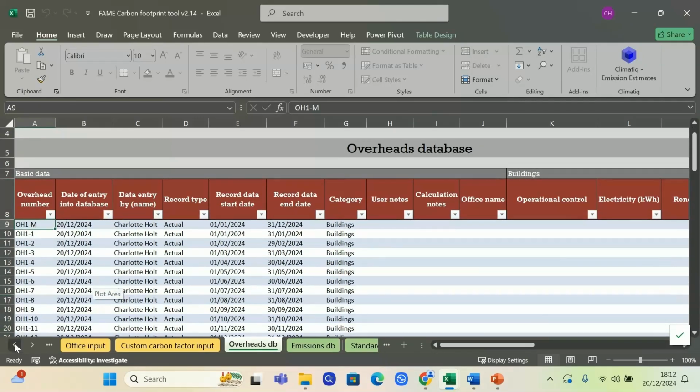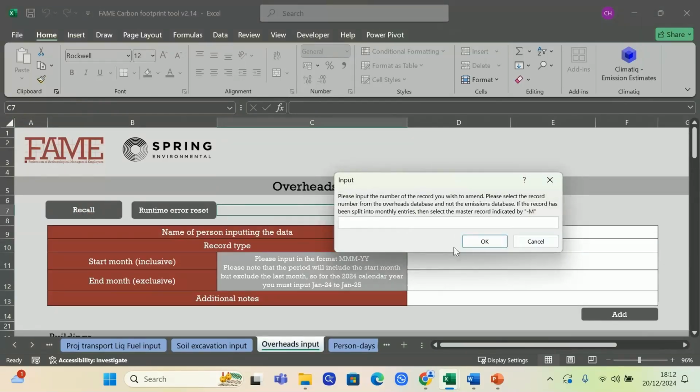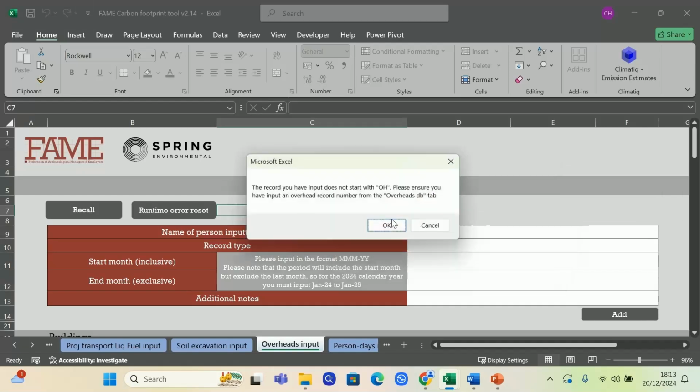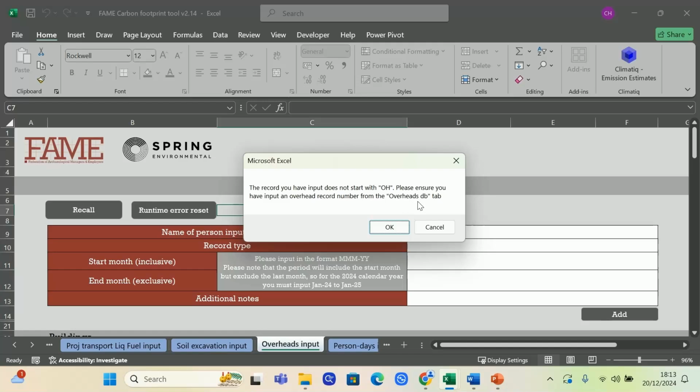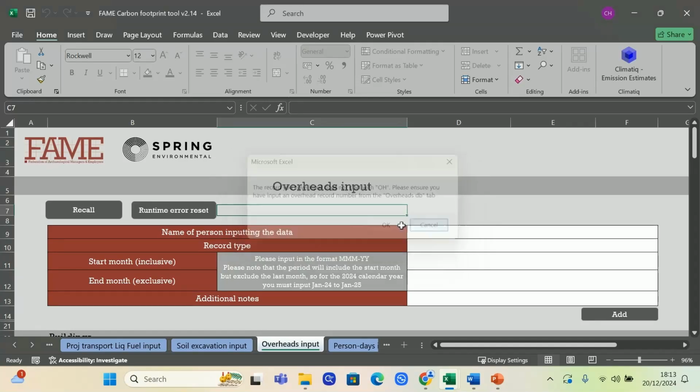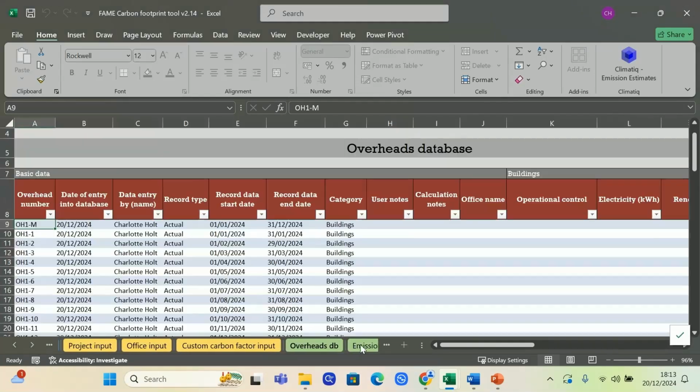Let's just recall the first data entry. If we just try to input 15, the message says the record you have input does not start with OH, so you need to ensure that you're picking from the overheads database. What number did we say we wanted to do? Should we just do OH1?